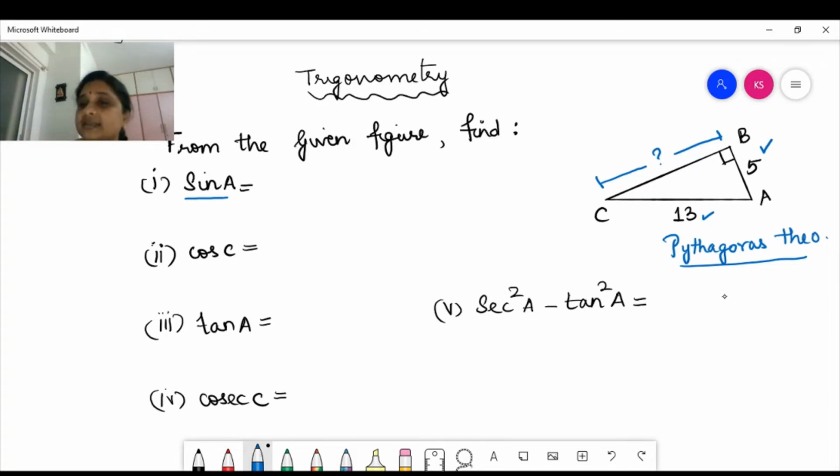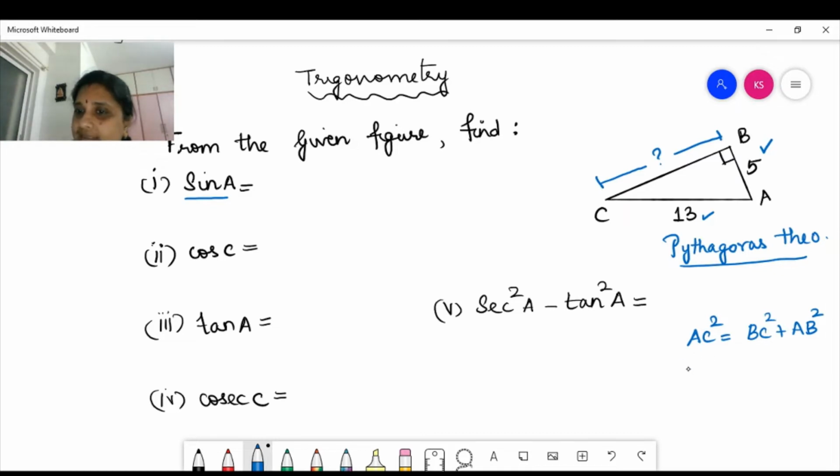It says that the square of the hypotenuse is always equal to the sum of the squares of the other two sides. So with that, we'll first find the measure of BC so that it becomes easy for us to find the value of all the T ratios. Okay. Since we are given the two sides, the third side can be found using this theorem, right?